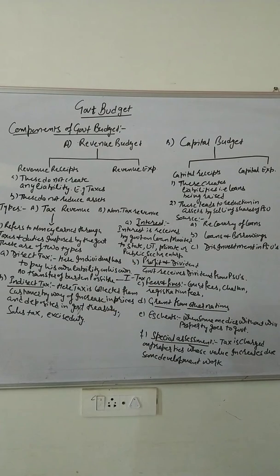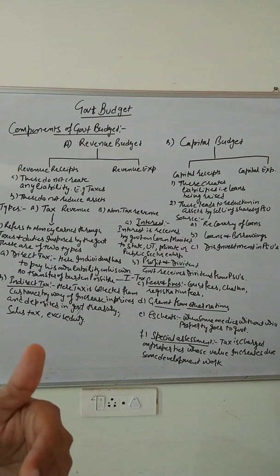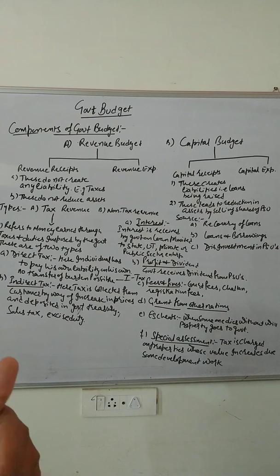Then there are fees and fines. We pay fees for various things. When we are going for the construction of a house, we need a permission, we pay the fees. When it is completed, we pay the fees for getting the completion certificate. When we buy a vehicle, we pay the registration fees for that. Then we pay the insurance premium fees to the government. Then we are paying toll taxes.